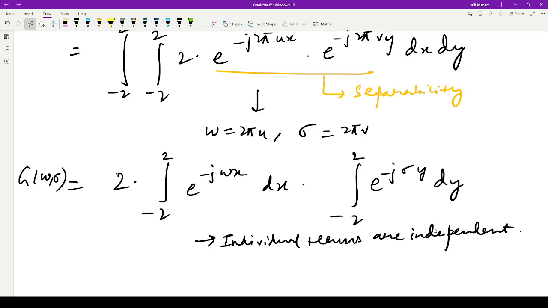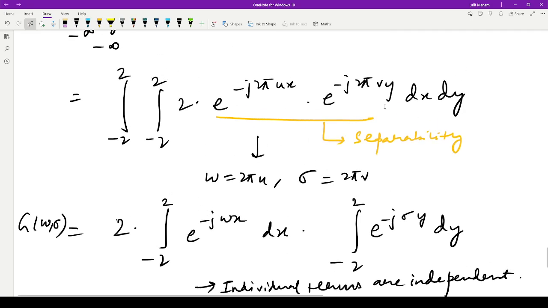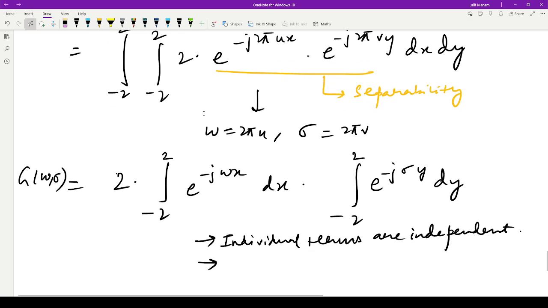And the next is a mathematical aspect: the inner integration actually gives you some value. It's not going to infinity. The inner integration is finite.